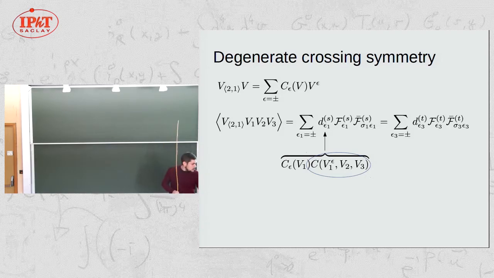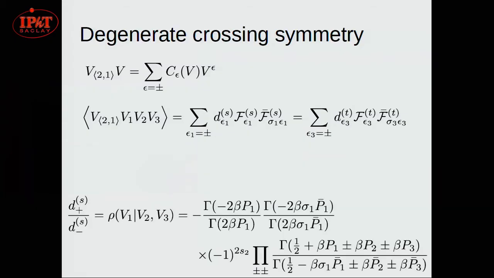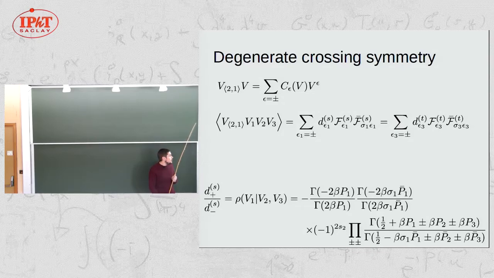This ratio will be given the name rho here, rho of B1, B2 and B3, where the first field is the one with which we are taking the OPE, and it takes the following explicit form as a combination of gamma functions depending on the momenta. I will only point out that we can clearly separate it into a factor depending only on the momenta of the first field, and then another factor which depends on all three momenta together.